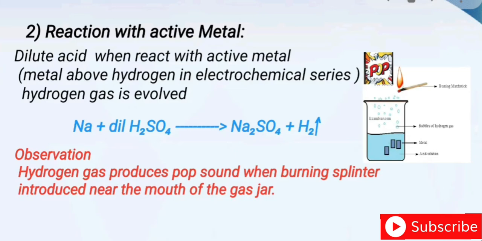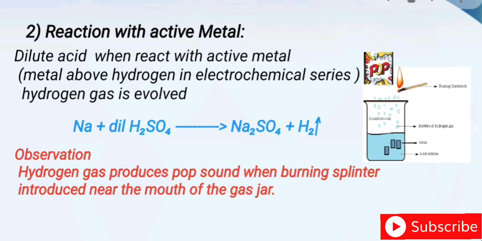Reaction with active metals: dilute acid, when reacting with an active metal, the metal which is present above hydrogen in the electrochemical series, known as an active metal, evolves hydrogen gas. Sodium, when it reacts with dilute sulfuric acid, produces sodium sulfate plus hydrogen gas.